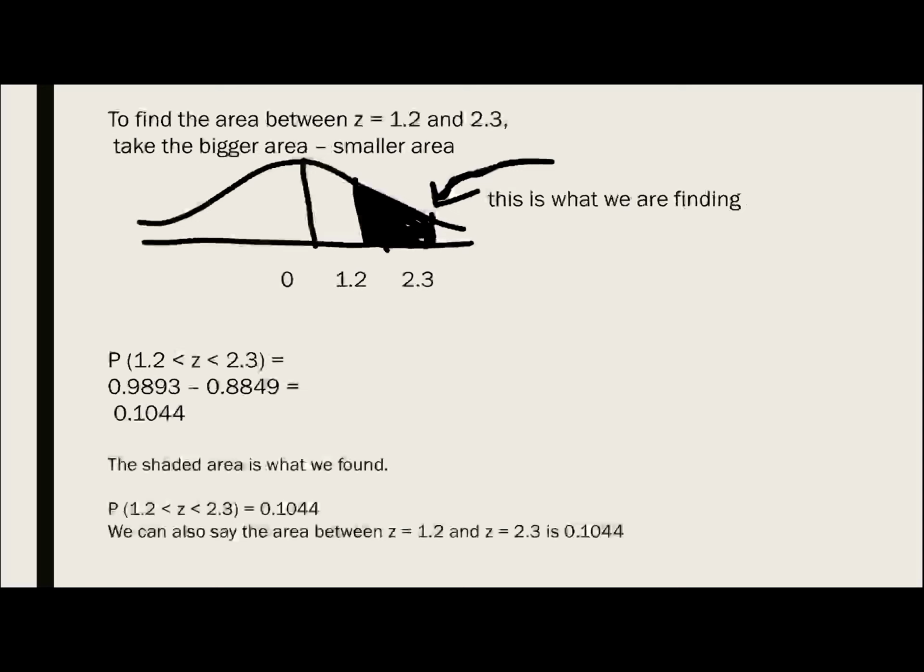When you look up the smaller number, you get 0.8849. So you're going to subtract the big one minus the small one. And that's the shaded area that we found. So we say the area between the two is 0.1044. So for betweens, look up the bigger z-score, look up the smaller z-score, and subtract the two numbers from the chart.